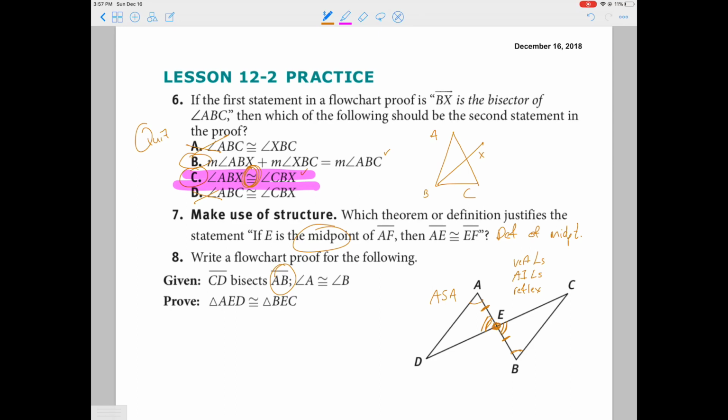We were given that angles A and B are congruent, and then we could use the vertical angle theorem to state angle AED is congruent to angle BEC, which is going to prove to us through the ASA congruence criterion that those two triangles are congruent. So hopefully that helps out if you're a bit confused. Again, we'll have a quiz on Tuesday that covers all congruences, so chapters 11 and 12.